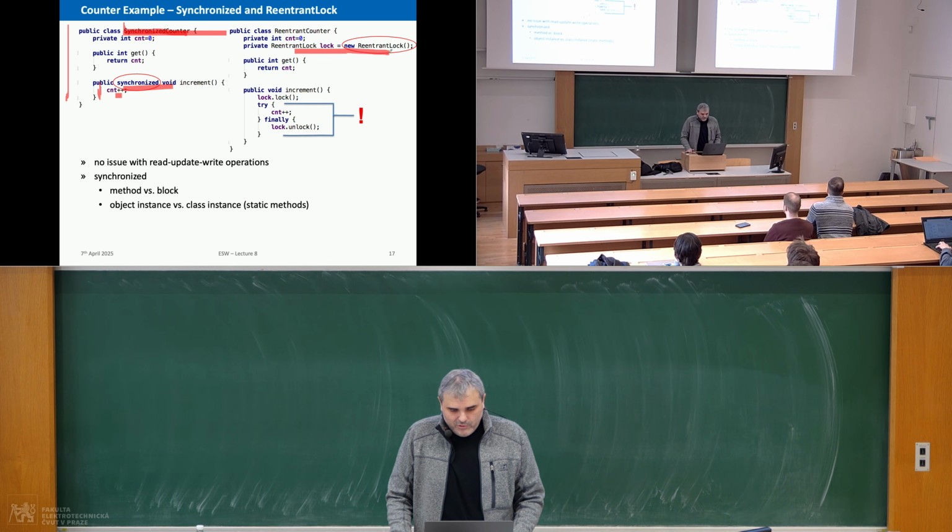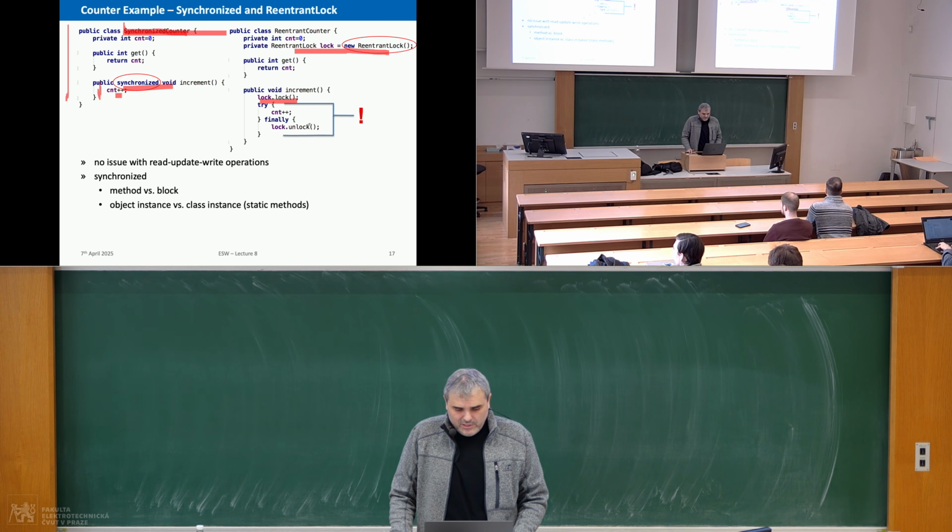Define a lock in our object, which is a ReentrantLock, and where you would like to have a critical section, you call the lock operation on that ReentrantLock instance, and at the end, the unlock operation. It's crucial here to use a try and finally block.